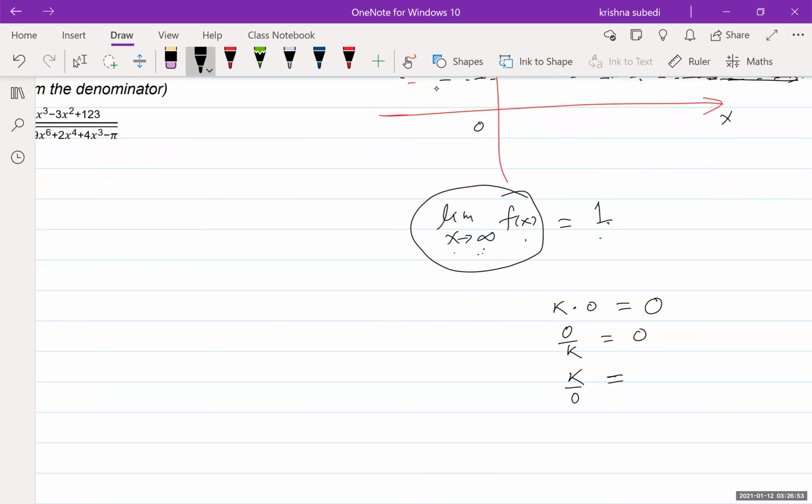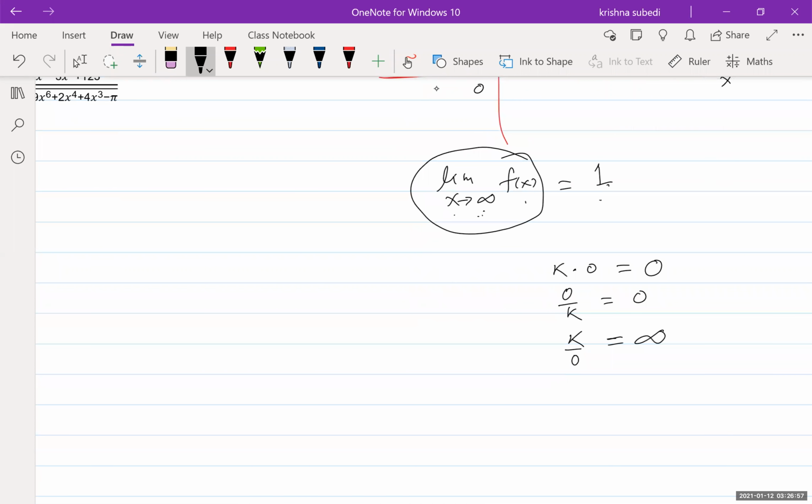Not defined, and we write this as infinity. And if I ask you what is the value of k divided by infinity, what is that? 0. Okay, I want you to remember this from your elementary school.